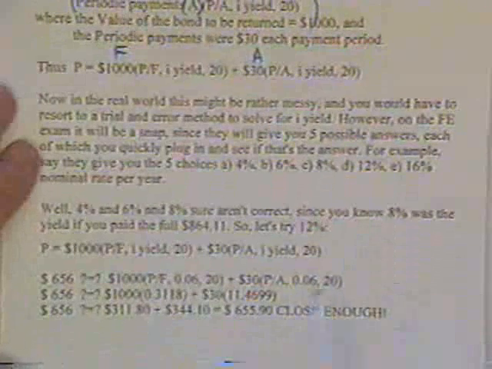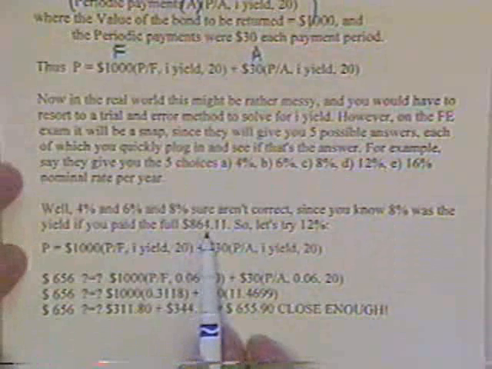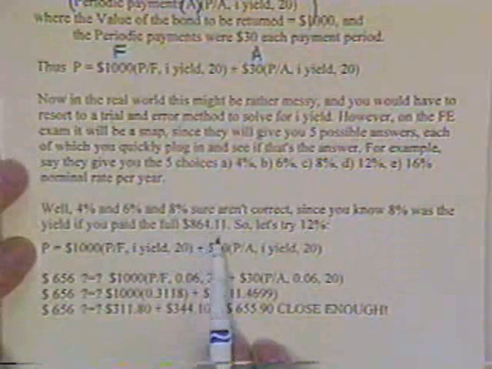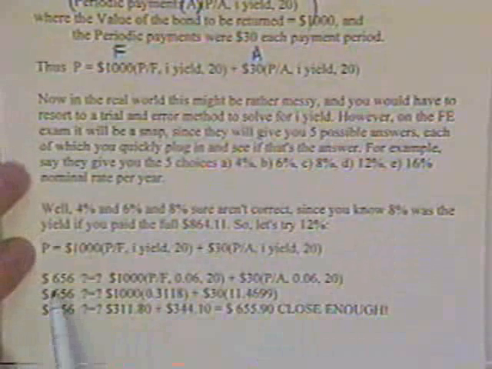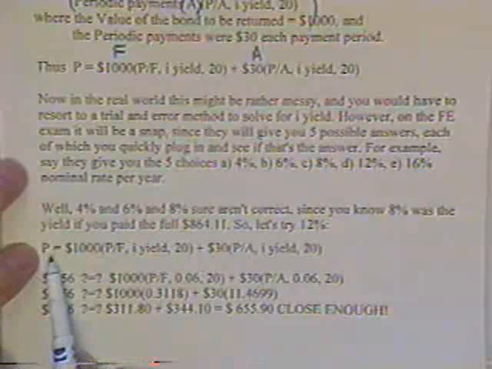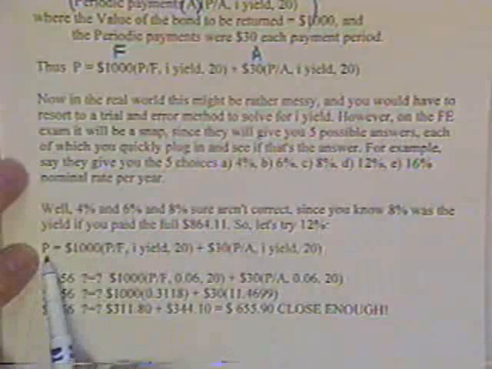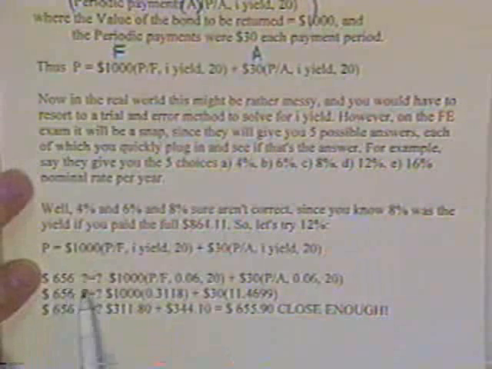But let's see, you really paid the full $864.11, so you would plug that in using the 12% number. In other words, the question is the present value, excuse me, the 864 is if you paid 8%. The present value you truly paid, he sold it to you for $656.